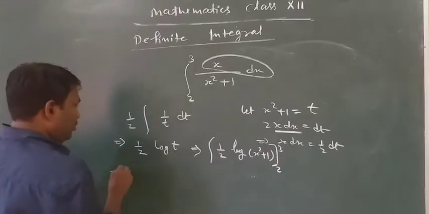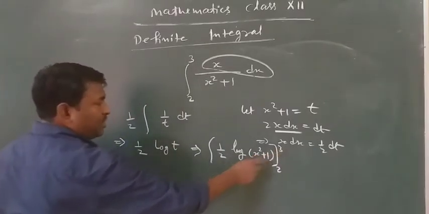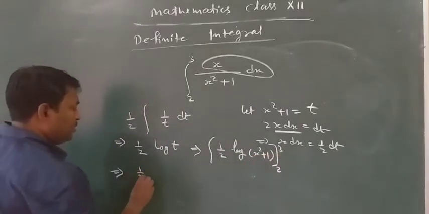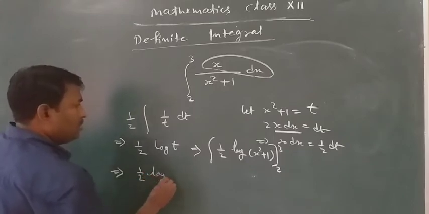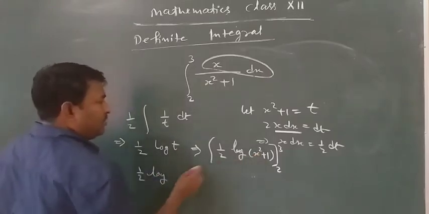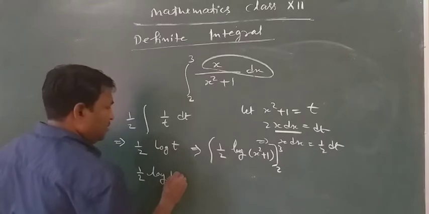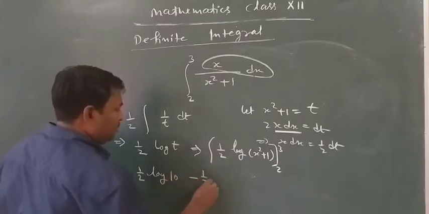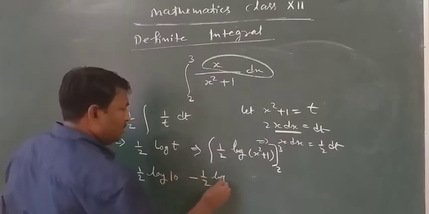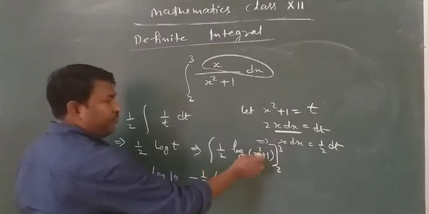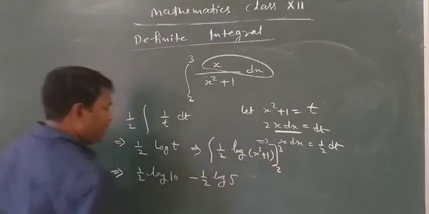At the place of x put the upper limit: 1 by 2 log of (3 square, 9, plus 1) which is log 10, minus 1 by 2 log of (2 square, 4, plus 1) which is 5.